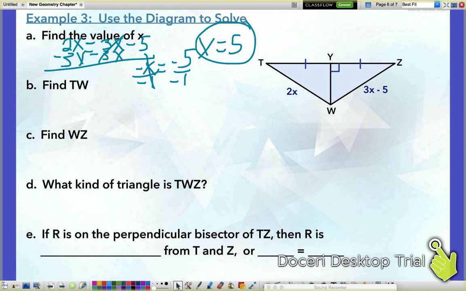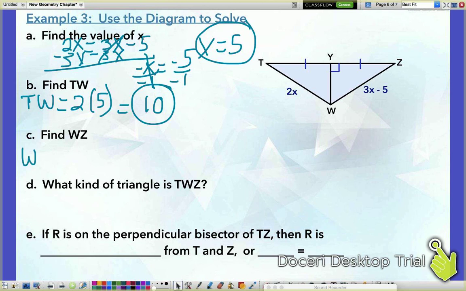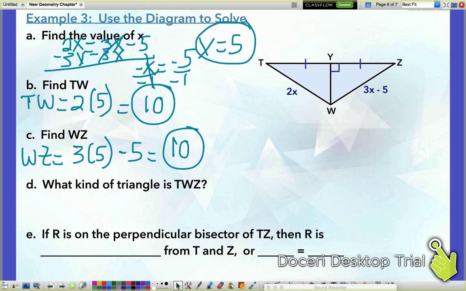Now they want me to find TW, okay, which is 2x, so I'll take 2 times 5, and TW is 10. Okay, then they want me to find WZ, and it should be the same length. So 3 times 5 minus 5, 15 minus 5, all right, so we've also got 10.